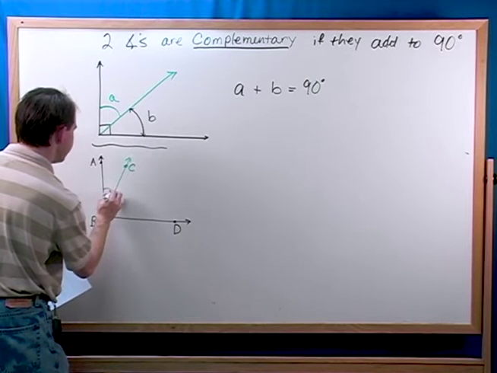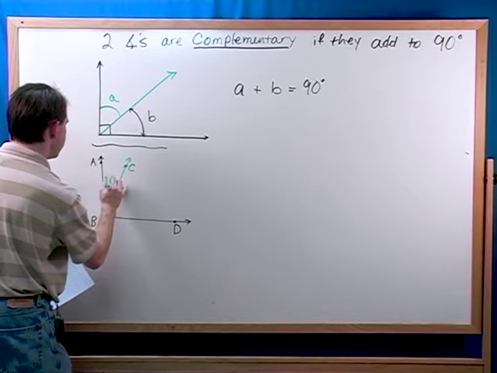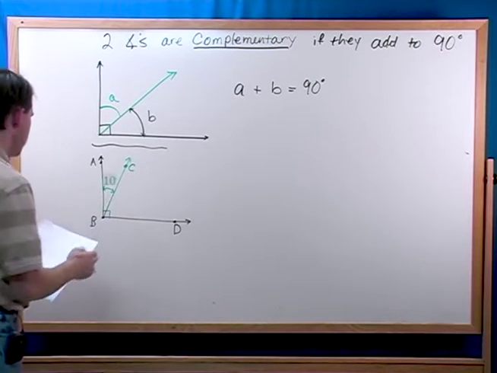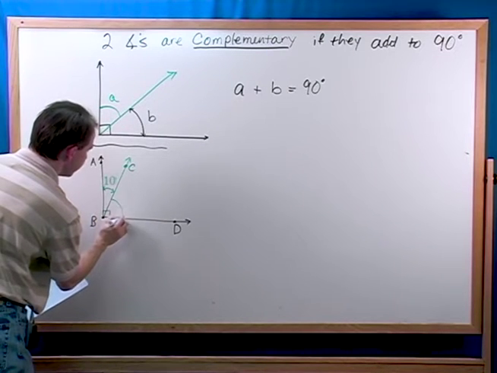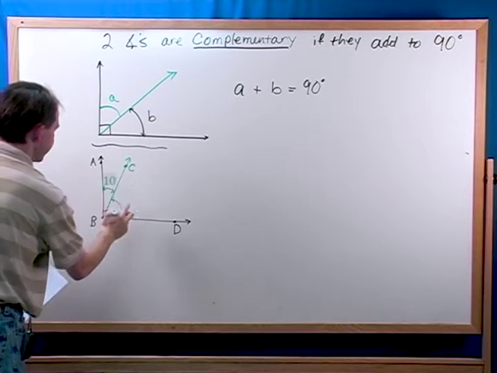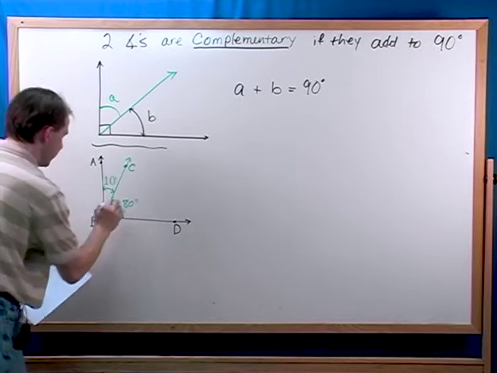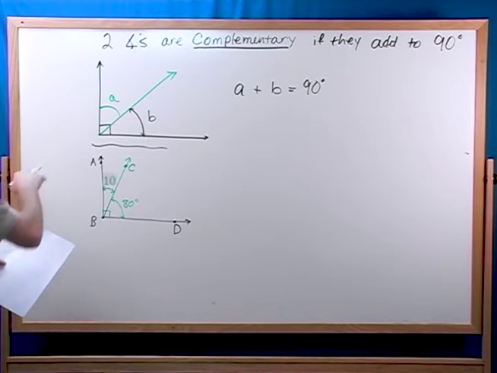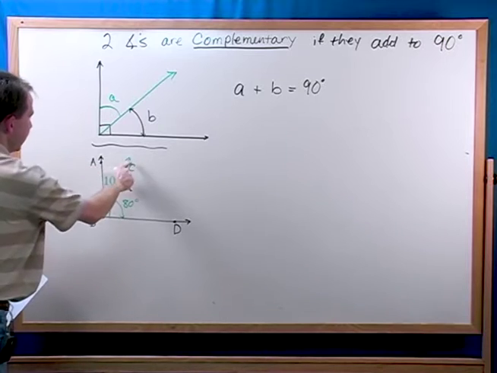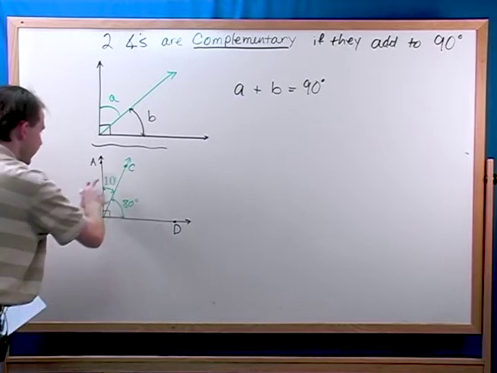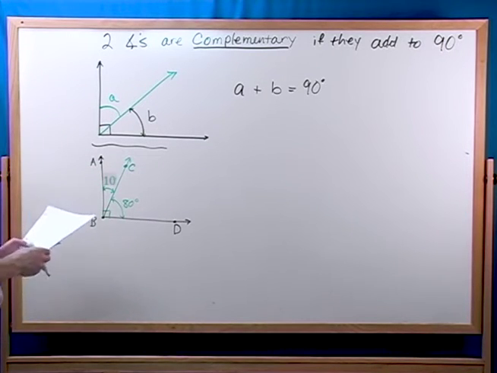And this angle is given to you at 10 degrees, okay? And this angle between this ray and this ray is given to you at 80 degrees, okay? And the question is, are these two angles, ABC and CBD, this angle here and this angle here, are they complements of each other?